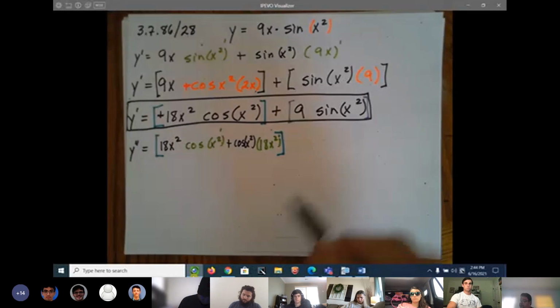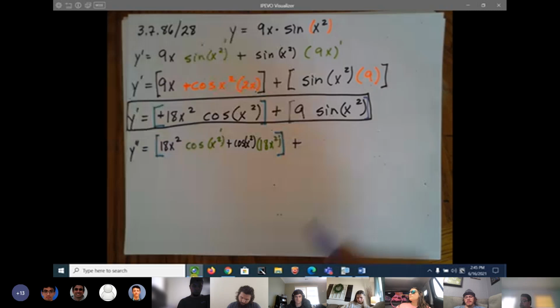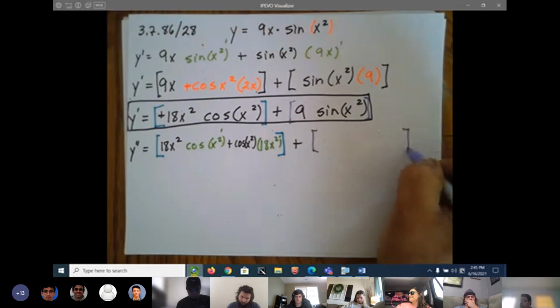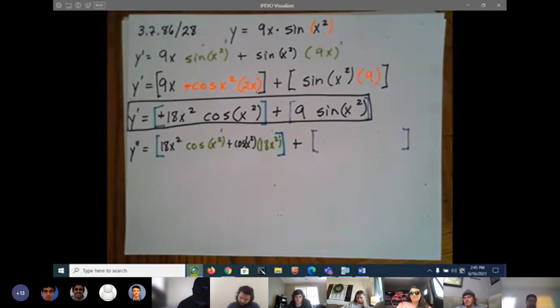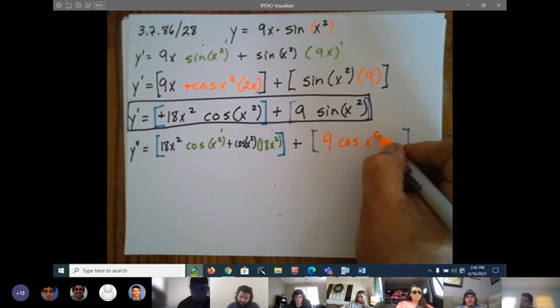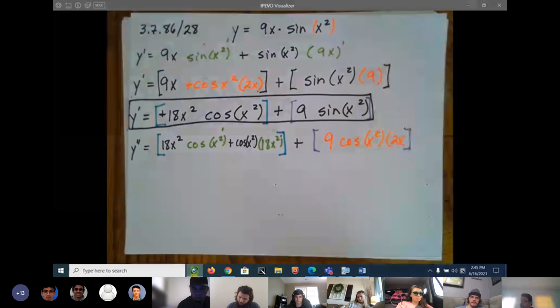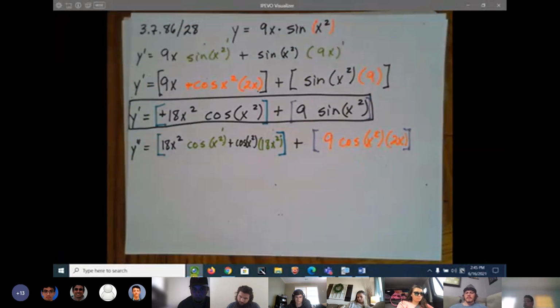Plus, lavender, the derivative of the sine is the cosine. Please don't let me make that mistake again. So I'm going to do this in orange. That's going to be 9 cosine of x squared times what? 2x. Well, I just took the derivative of that. So now we're going to focus back on the product rule.